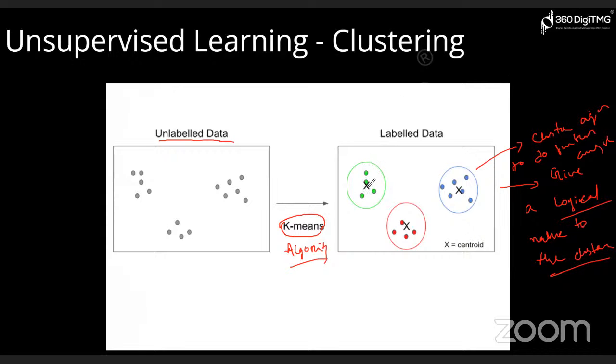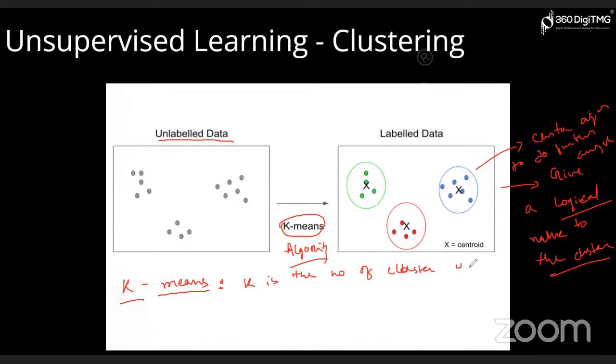Okay, and why is it called K means? Let me also tell you. K is the number of clusters which we want to form.